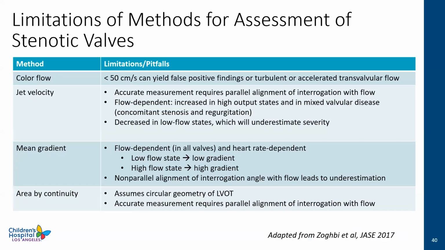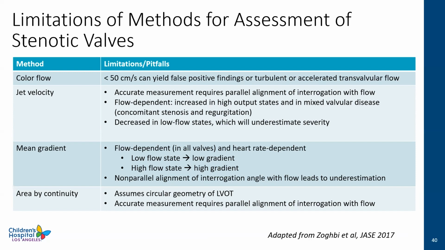This is just a review of the limitations of these assessments. Again, with color flow, you can have turbulence or aliasing. With your jet velocity, you want to really make sure you're parallel with your interrogation of flow.